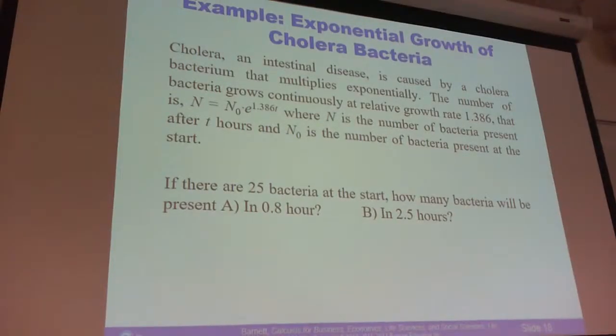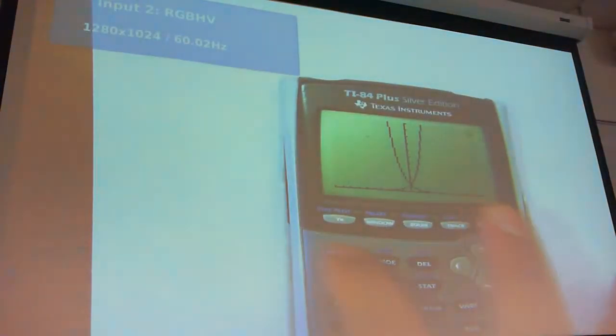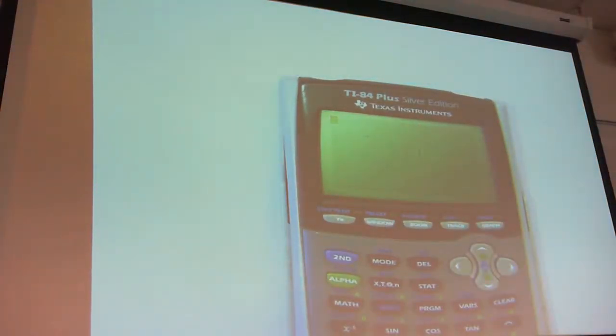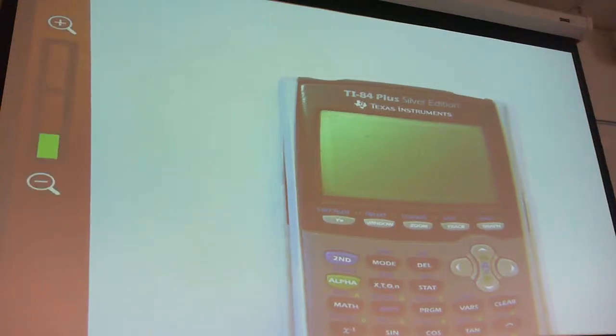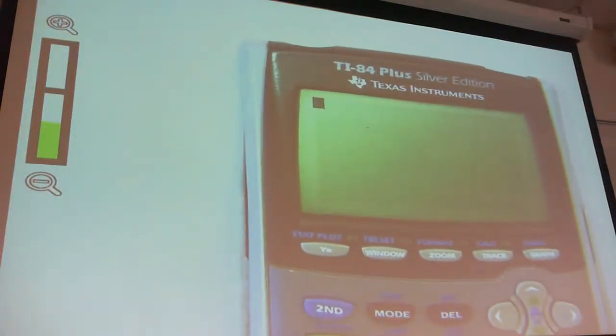So if I told you there are 25 bacteria at the start, how many bacteria will be present in 0.8 hours? I'm going to show you 2 ways, and we're going to practice our calculator. Number 1, let's just type it in. So let's go to our calculator, go to the home screen by hitting second mode, and let's just practice the button.